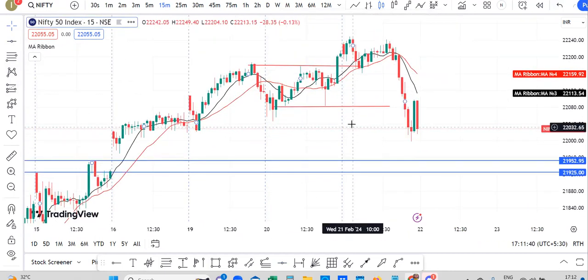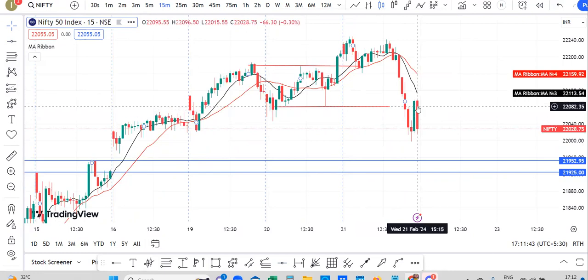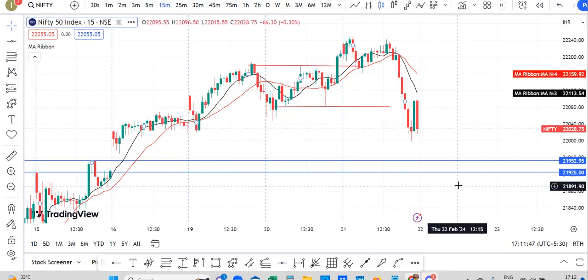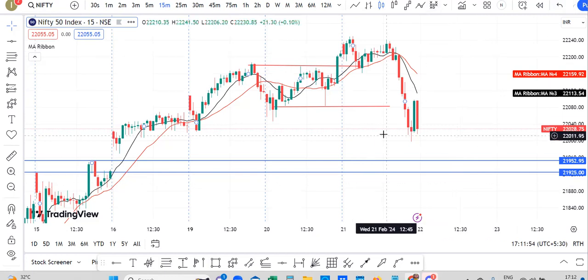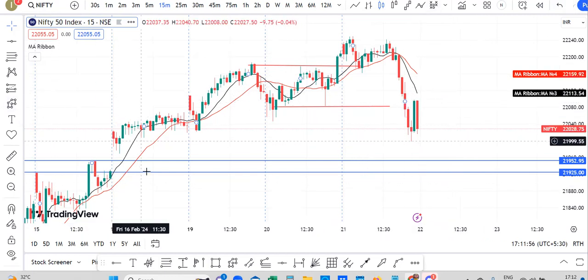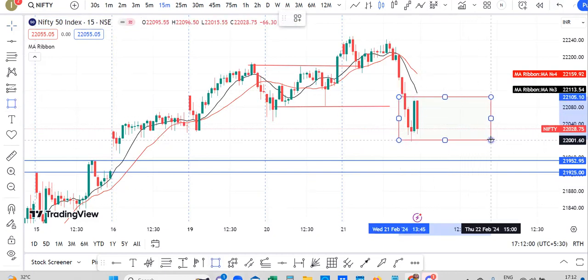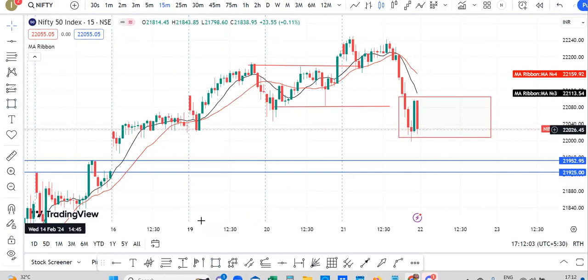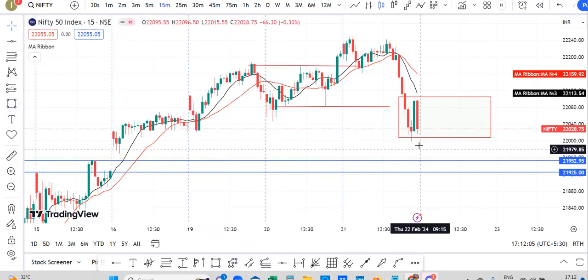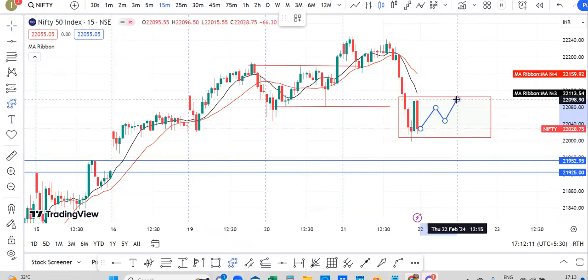So how the play will be, we have to watch and see whether it is a gap down and reversal or a consolidation and breakdown. So tomorrow, at the opening bell, while closing, you can see a range candle over here, indicating some sort of initial range formation on the Nifty tomorrow, like this.